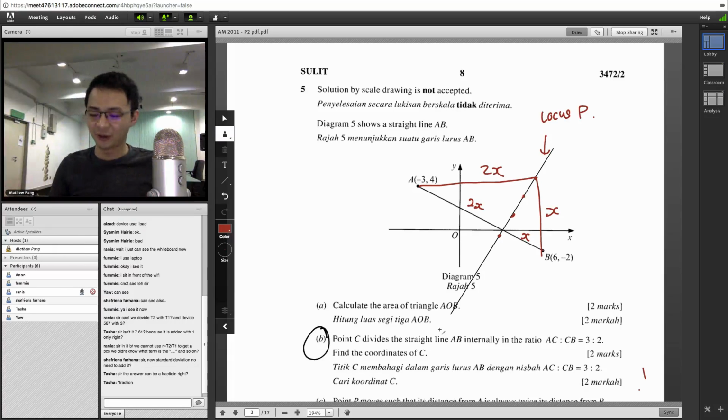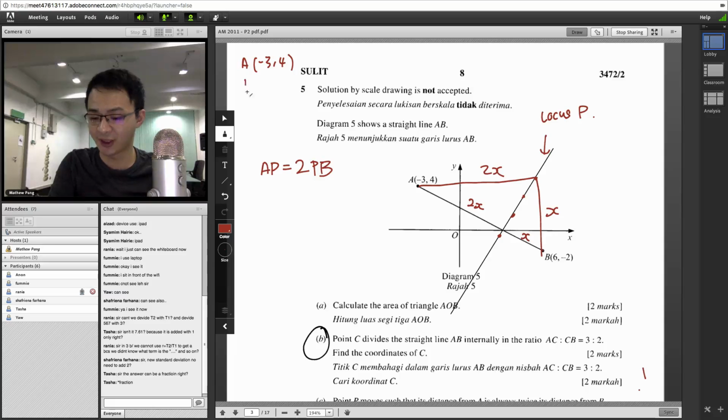However, you don't actually need to understand the diagram in order to get the correct answer. Since you know it's double, I will say the distance AP is equal to double the distance PB. Then I just use the distance formula and I can easily get the correct answer. My A is negative 3, 4.